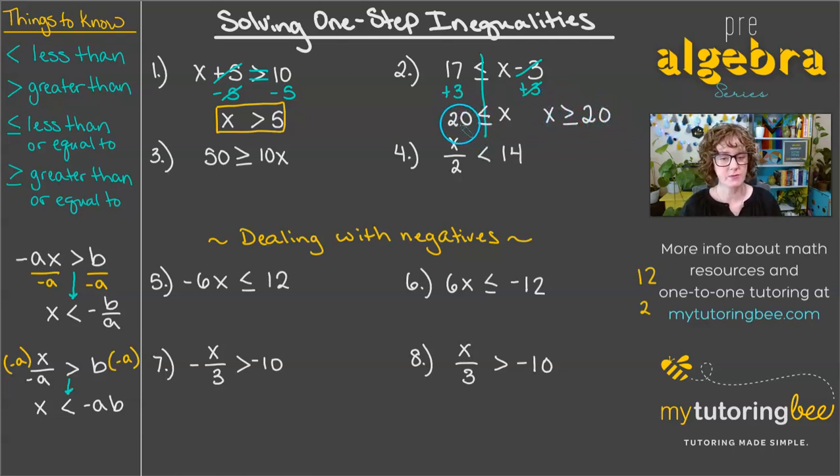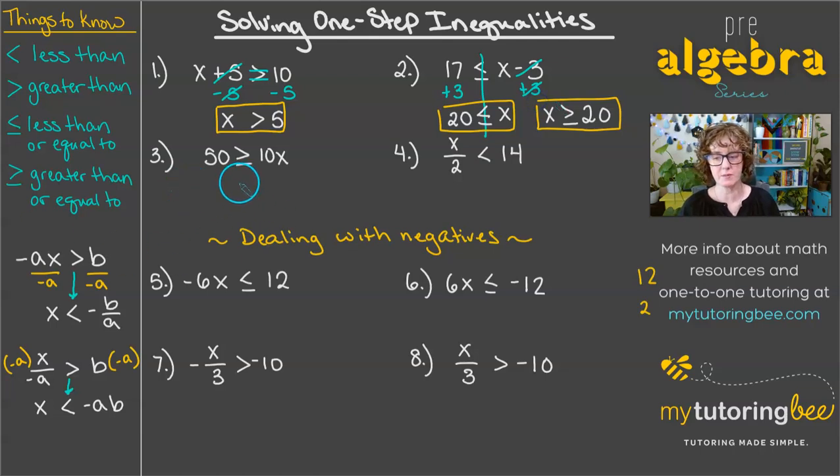And that is because if we're reading this, 20 is less than or equal to x, that means that x is on the bigger side of this inequality symbol. Well, that still has to be true even if we flip it around. So that x still needs to be on the bigger side, that open end of the inequality symbol. So either of these would be a correct solution for this problem.